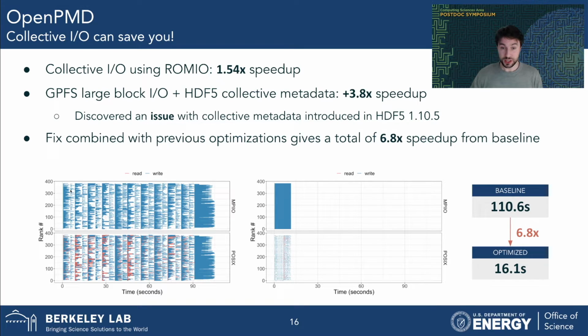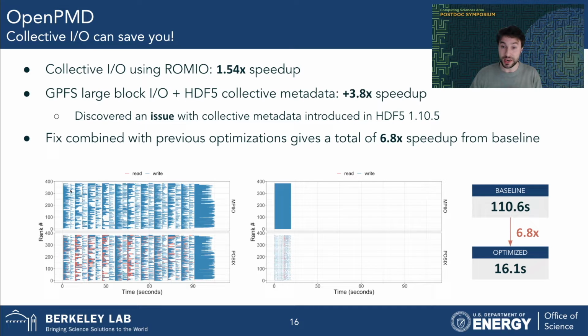So the first optimization that we tried here was to enable collective operations. It's just a flag that we need to set in ROMIO. And we got a 1.54 times speedup. Then we tried to also enable collective operations for the metadata. And even though we set that, we discovered that the application was actually not using collective metadata calls.